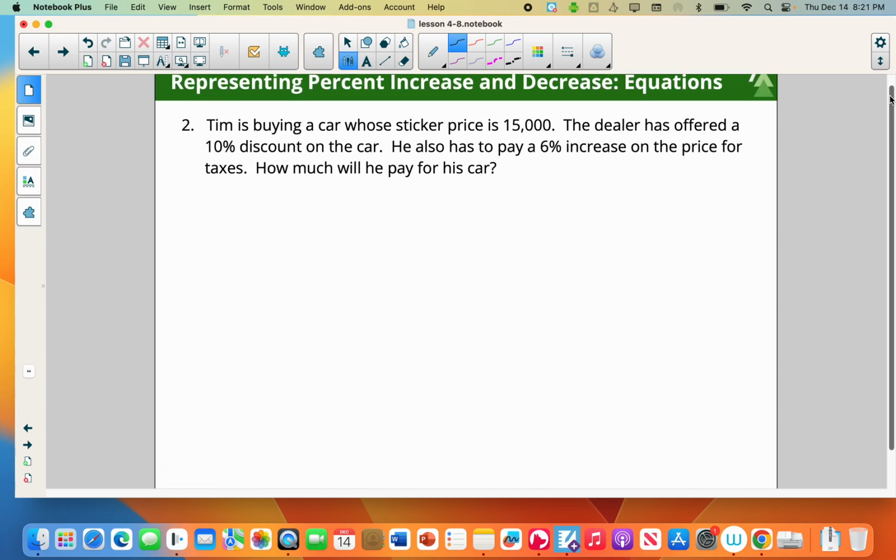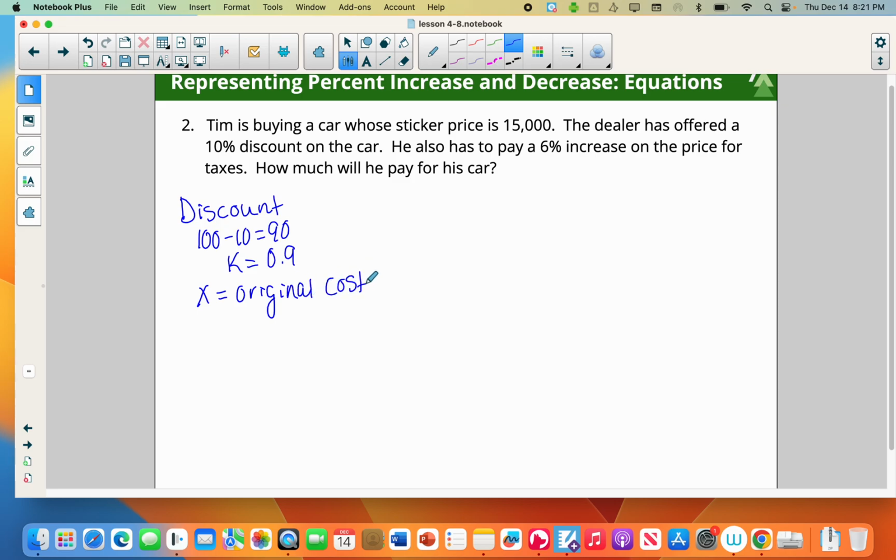So you may have started off in class by first just looking at the discount. That comes first. So if it's a 10% discount, 100 minus 10 is 90, which means my K value is 9/10. I'm going to let X be my original cost and Y be my new cost.